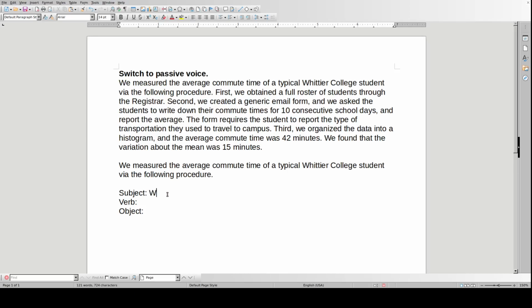So the subject is we, the verb is measured, and the object is the average commute time. And then there's more words that I'll put in parentheses, and we'll just say the parenthetical rest of the sentence will be of a typical Whittier College student via the following procedure.